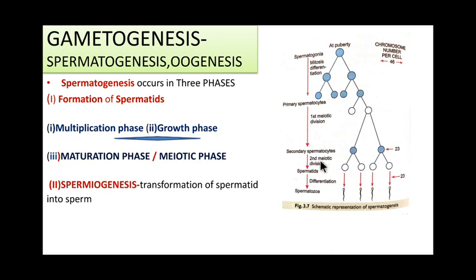The secondary spermatocytes again undergo the second meiotic division and form spermatids. So formation of the spermatid includes all these three, and the growth phase is known as spermatocytogenesis, and the maturation phase is also known as the meiotic phase. The transformation of the spermatid into sperm is termed spermiogenesis.